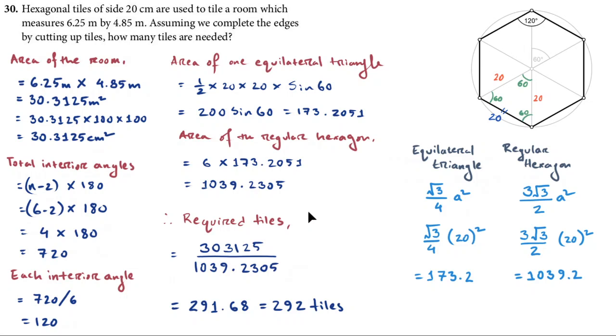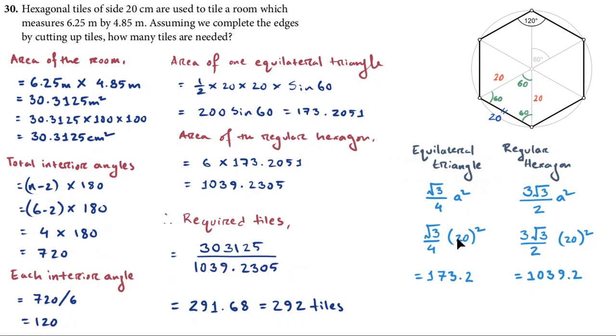You can also use these formulas to find the area of an equilateral triangle. If you know that it's an equilateral triangle, the formula is root 3 by 4 a square, where a is the side of the triangle.